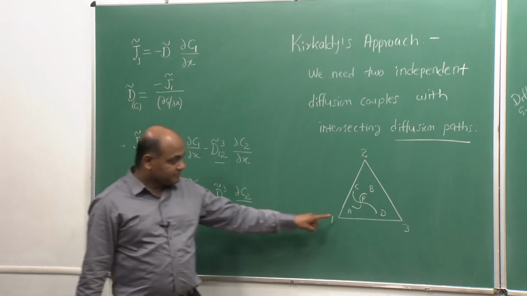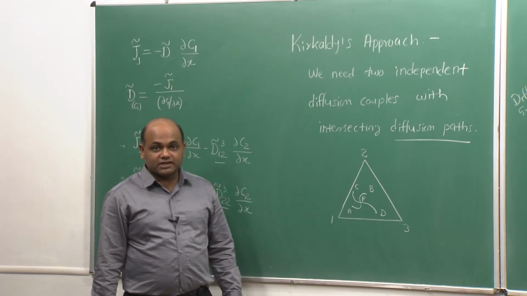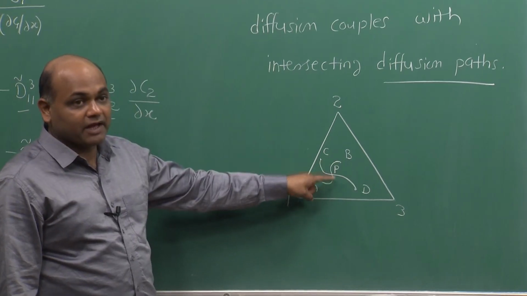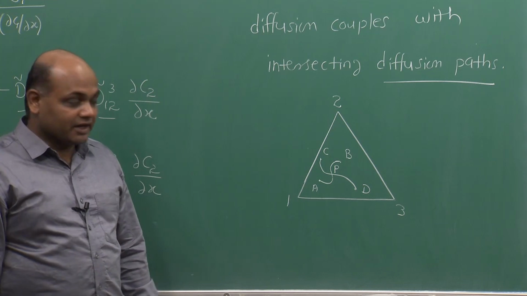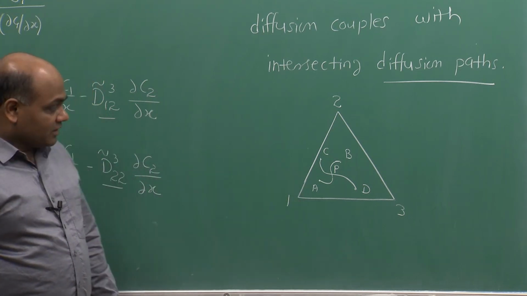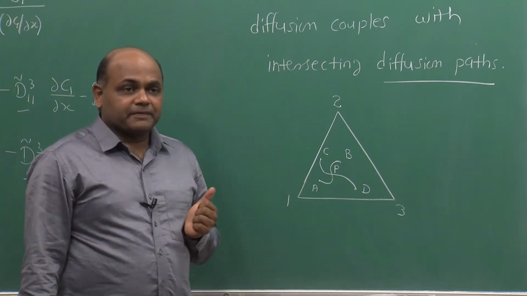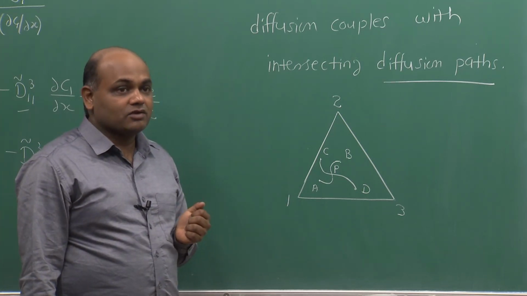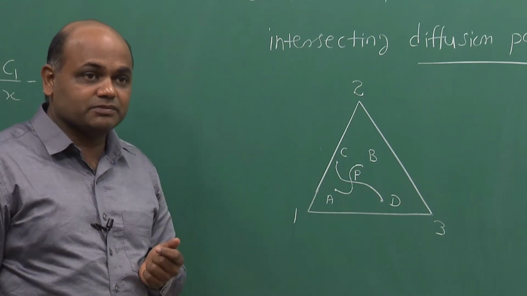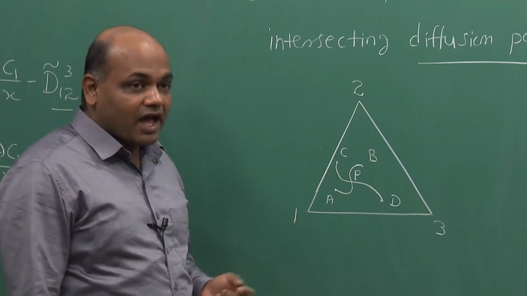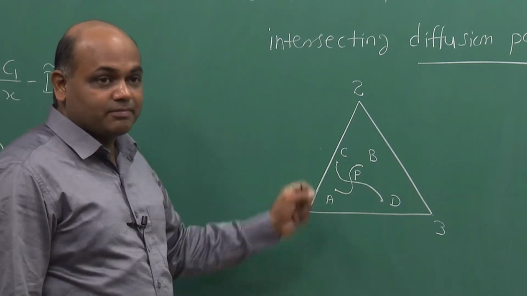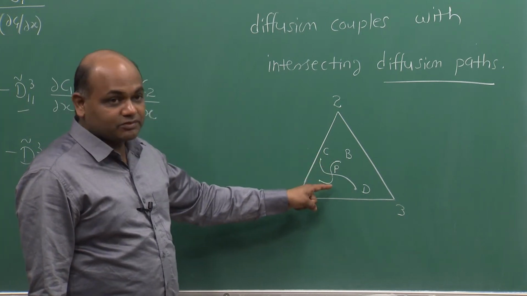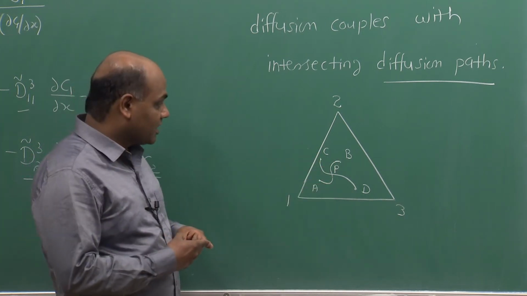In order to get interdiffusion coefficients at different compositions, we need to prepare such intersecting path diffusion couples and get the values. Now, it is not possible to predict the diffusion path exactly. So, we cannot really design the diffusion couples whose diffusion paths will intersect at the exact desired point, but we can design the couples this way, so that the lines joining the 2 terminal alloys intersect.